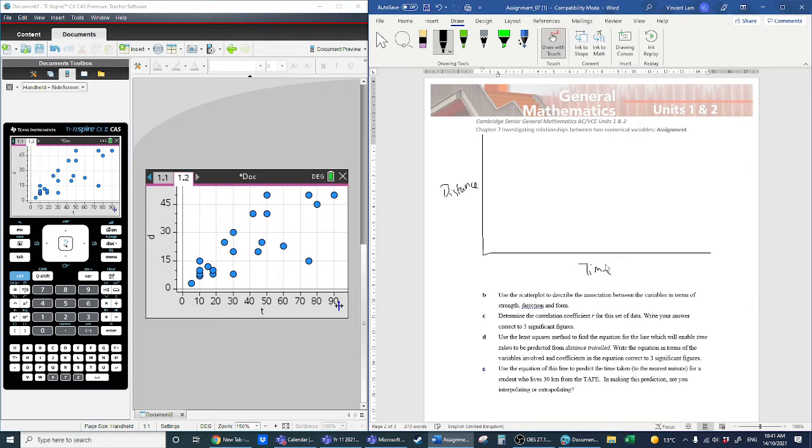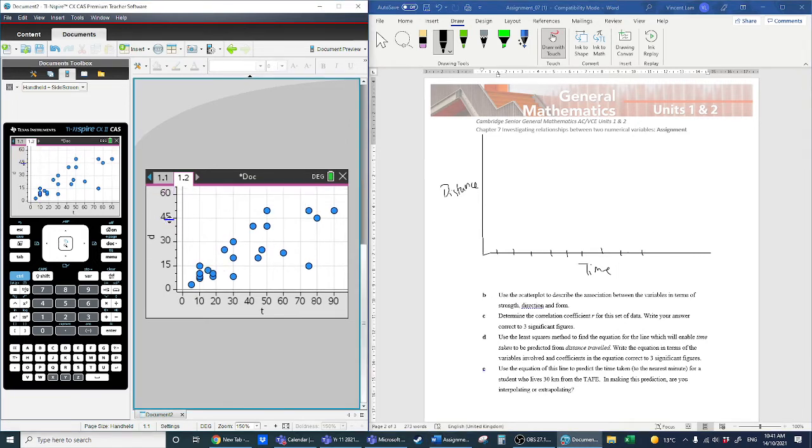Then you need to label those axes at even intervals. So it'll be 10, 20, 30, 40, 50, 60, 70, 80, 90. And then your distances are up to you. This one's got intervals of 5 because it goes up to around 50, maybe 60 will be a good idea.